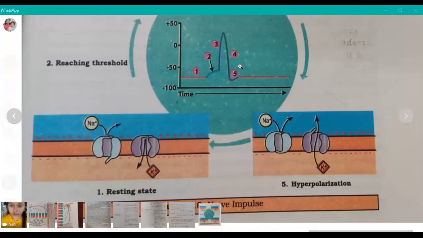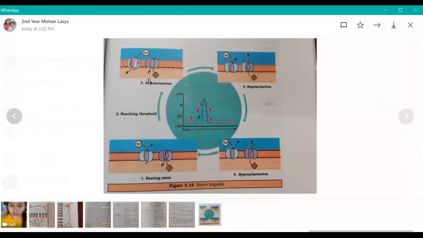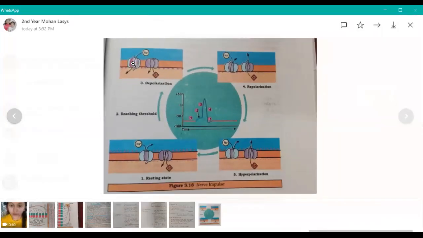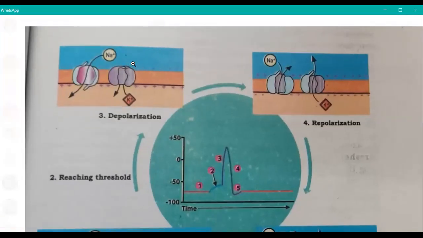The stimulus energy will bring the minus 70 to minus 55, and then after that there is an influx of sodium ions, we said, isn't it? There is an influx of sodium ions.